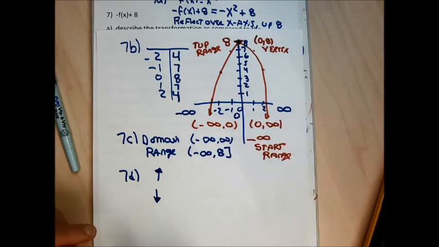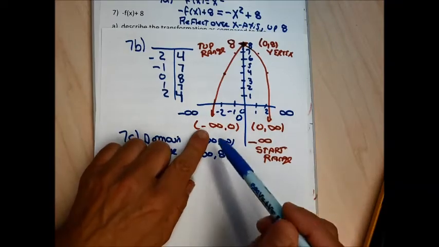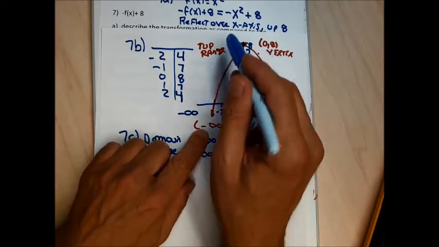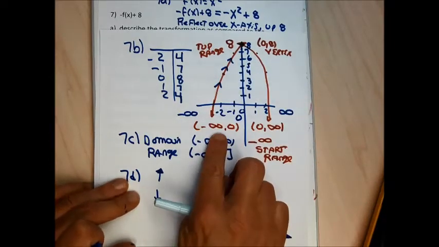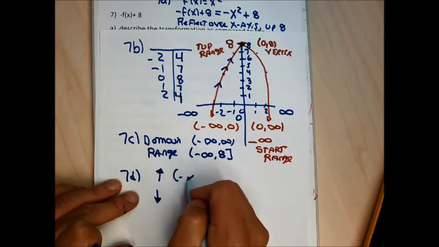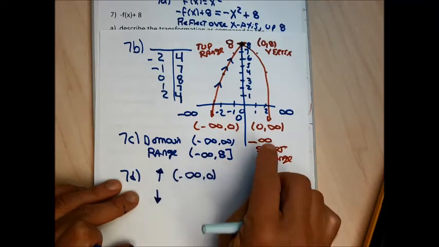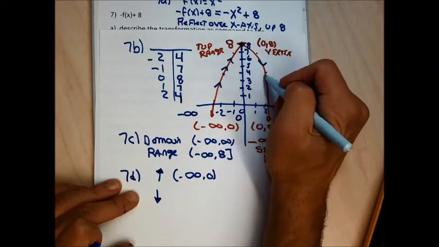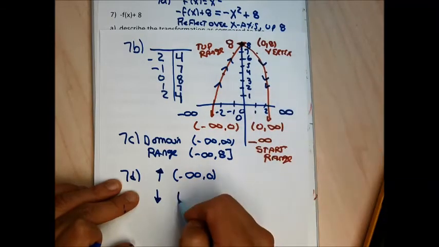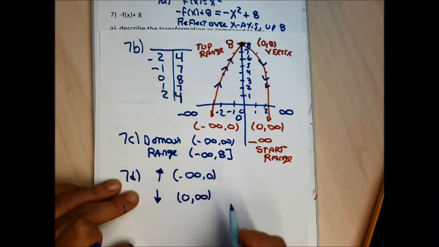Increasing and decreasing are all round intervals. The portion of the graph that corresponds to negative infinity to 0 is this one, and as I move from left to right, it's going up, so that's going to be in my increasing answer. This portion of the graph corresponds to 0 to infinity, and the graph is getting lower as I move from left to right, so that's a decreasing interval.